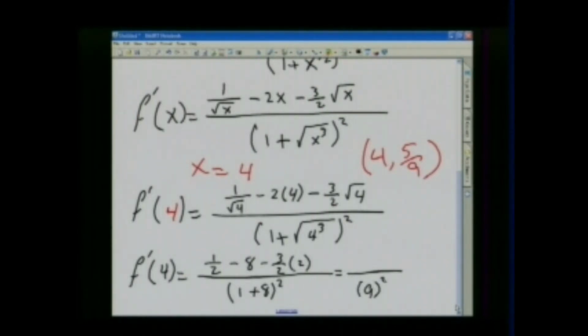And in the numerator, I would have 1/2 minus 8 minus 3. That's minus 11, and plus 1/2.